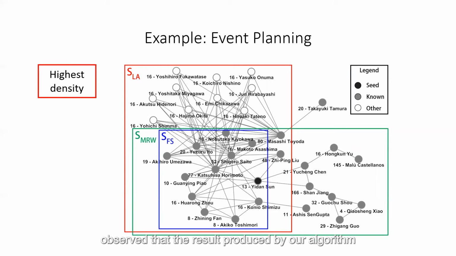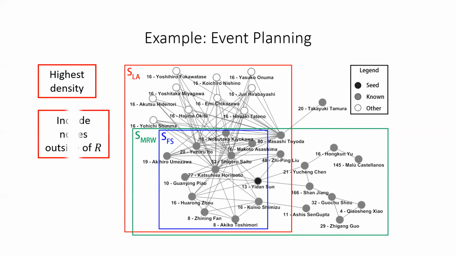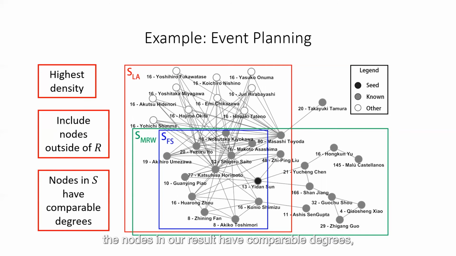It can be observed that the result produced by our algorithm has the highest density, meaning high interpersonal connections between these people. Our result is the only one that includes a group of people outside of R, which would be helpful for Yidan Sun to establish new connections. Lastly, the nodes in our result have comparable degrees, making a social event with these attendees comfortable for everyone.